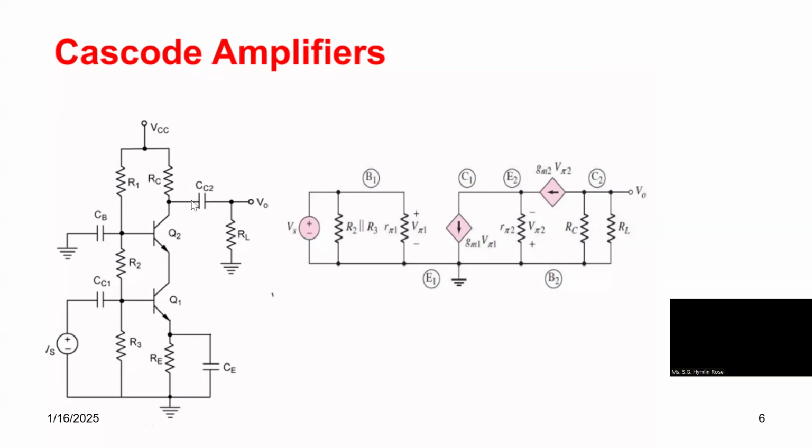On the output side, since CC2 is short circuited, you have RC connected in parallel with RL. The terminals emitter 2, collector 2, base 2 are marked here, and the output is given. So this is your hybrid equivalent model, and from this we calculate the input resistance, output resistance, and the gain.